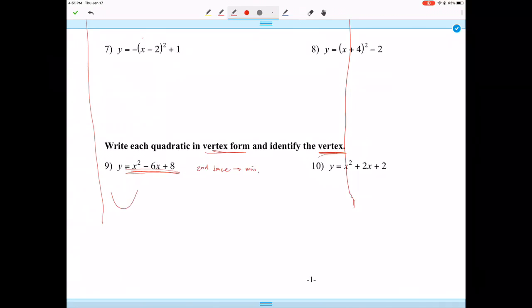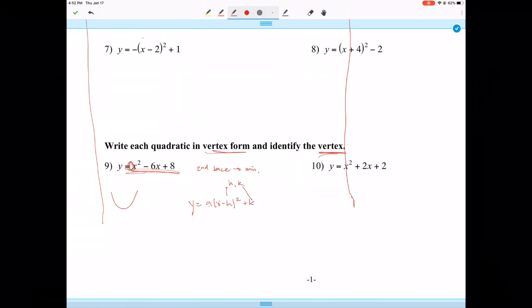And that would give you your vertex, your h and k, and you would plug that into y equals a(x minus h) squared plus k, okay, and then your a is what's in front of your x squared, which is just 1, okay?